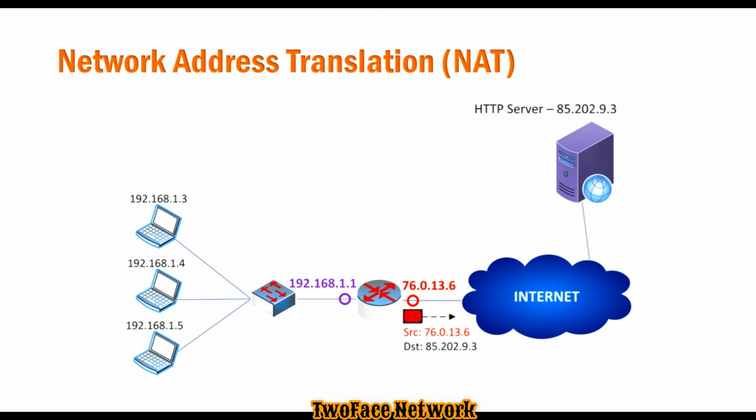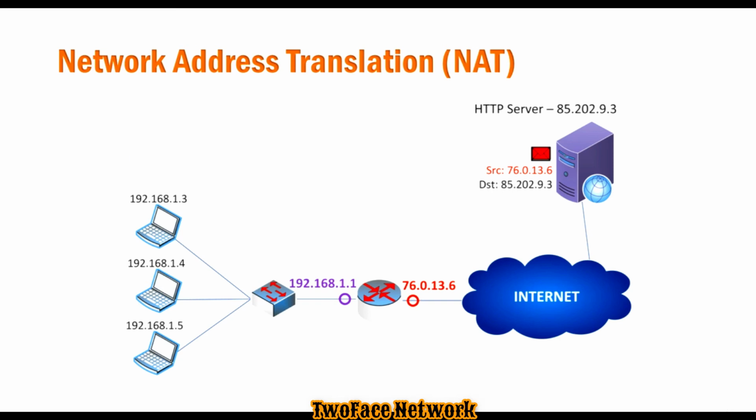And then this packet is routed through the internet, and finally, when it reaches the HTTP server, the server only sees the public IP address, and it's going to be the same public IP address whether the packet is sent by the top computer or the middle computer or the bottom computer in this example.